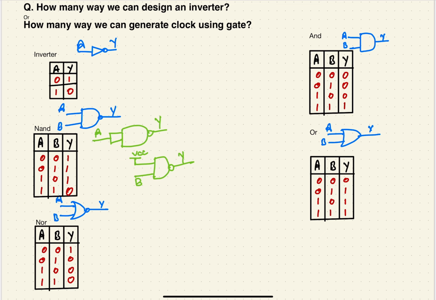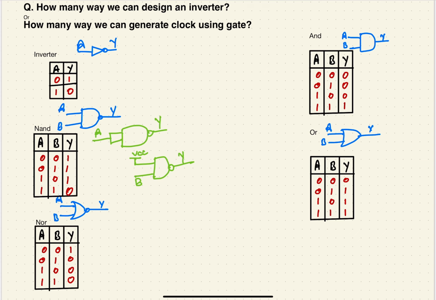And if you talk about the NOR gate, this is the NOR gate symbol, and this is the NOR gate truth table. Here also we can see that when both inputs are 0 0, output is 1, and if both inputs are 1 1, then output is 0.